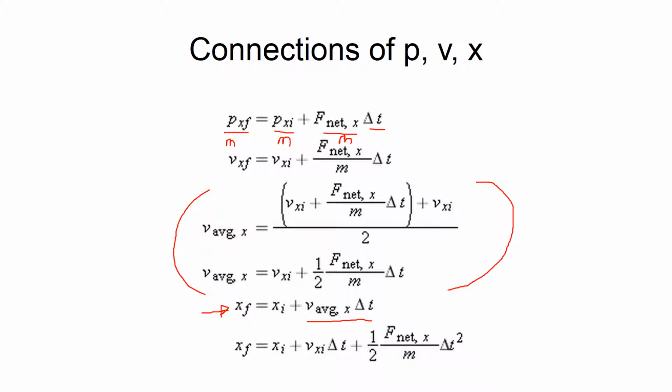When we make this substitution for the average speed, we find that our final position is equal to our initial position plus the initial velocity times the change in time plus this half F_net,x divided by m t squared term here.